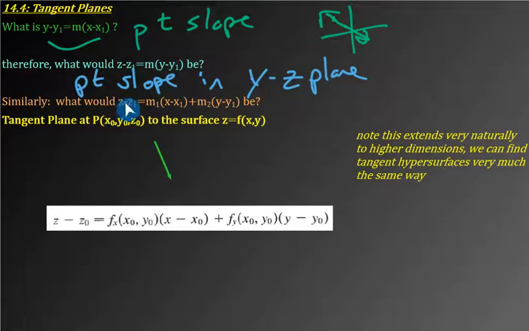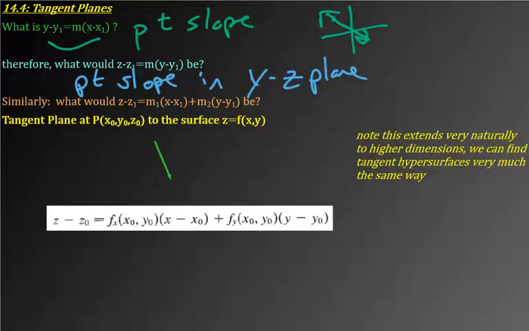So if you think about this, this would now be the dimension-up analog to a line, which is a plane. And it's a plane that goes through x1, y1, z1, and it has slopes m1 and m2.